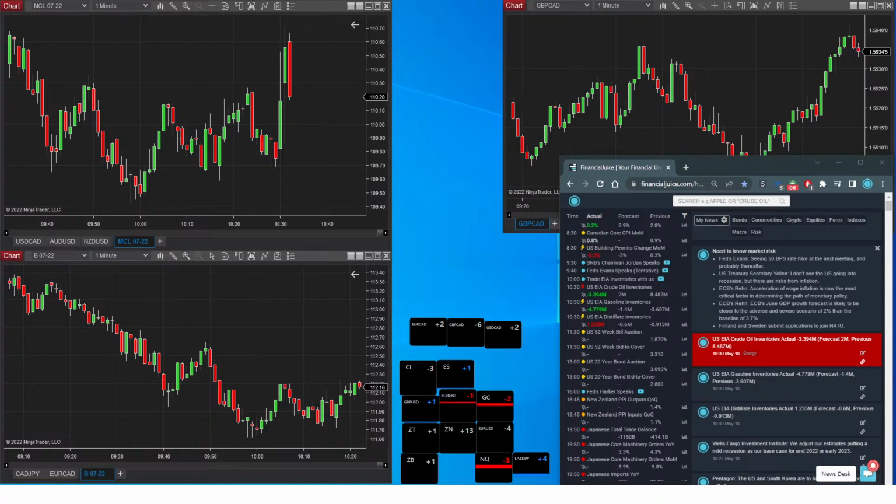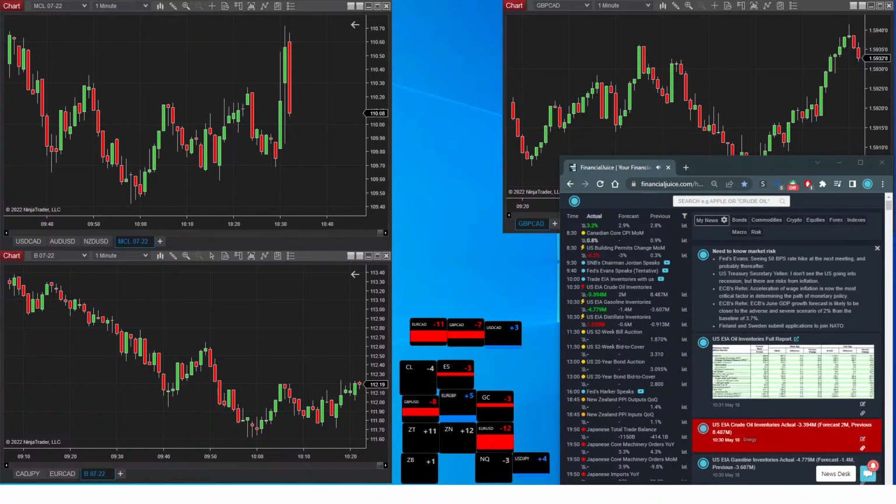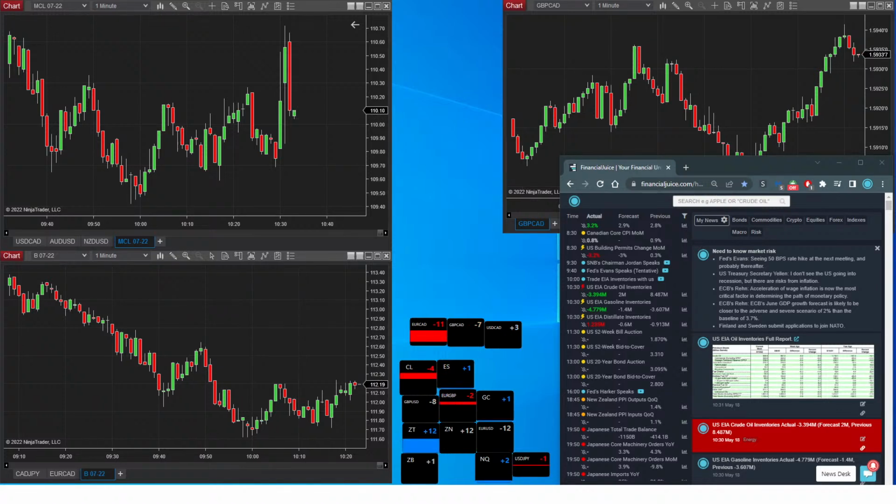There's about a 5 million deviation, 5.3 million deviation on the headline figure. Gasoline was also a draw, which we've seen about a 3.3 million deviation. And then distillate, and there's a deviation of about 1.8 million for distillate.